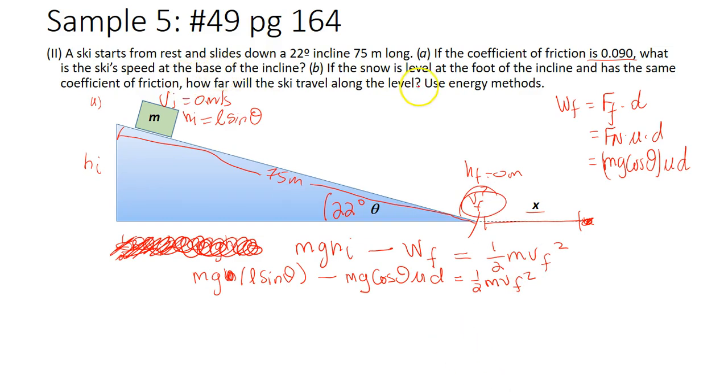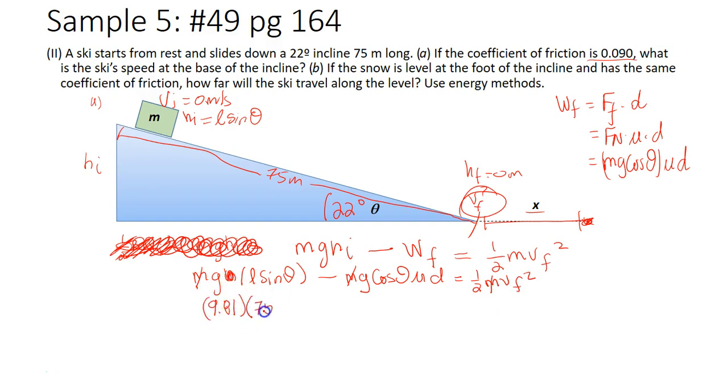As always, see that there's no mass here, so all the masses do cancel, which is helpful. Essentially we're solving for v squared, so we're going to go ahead and just happily plug in some numbers here.